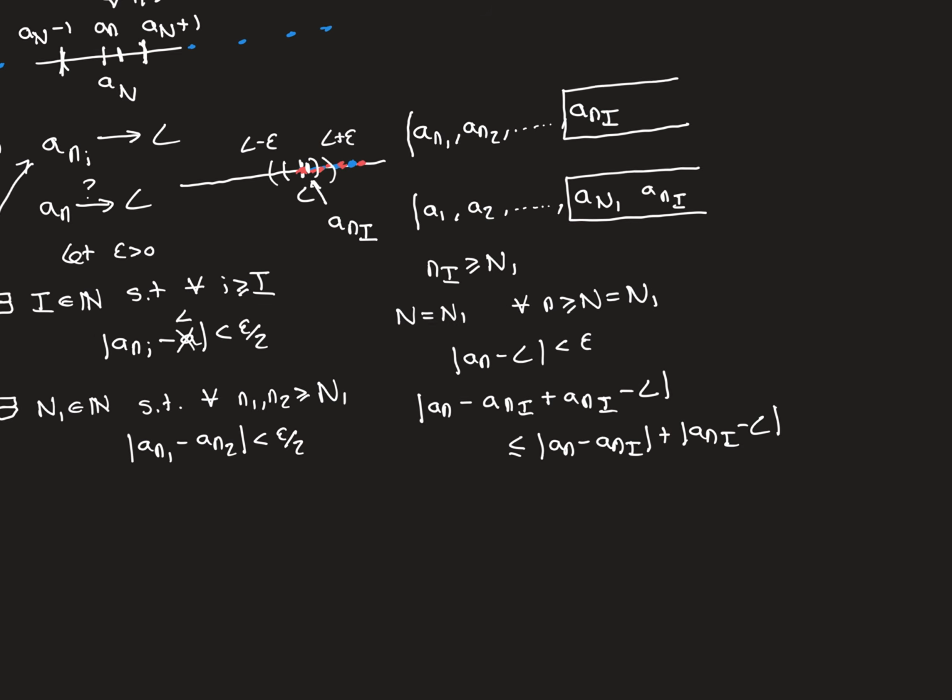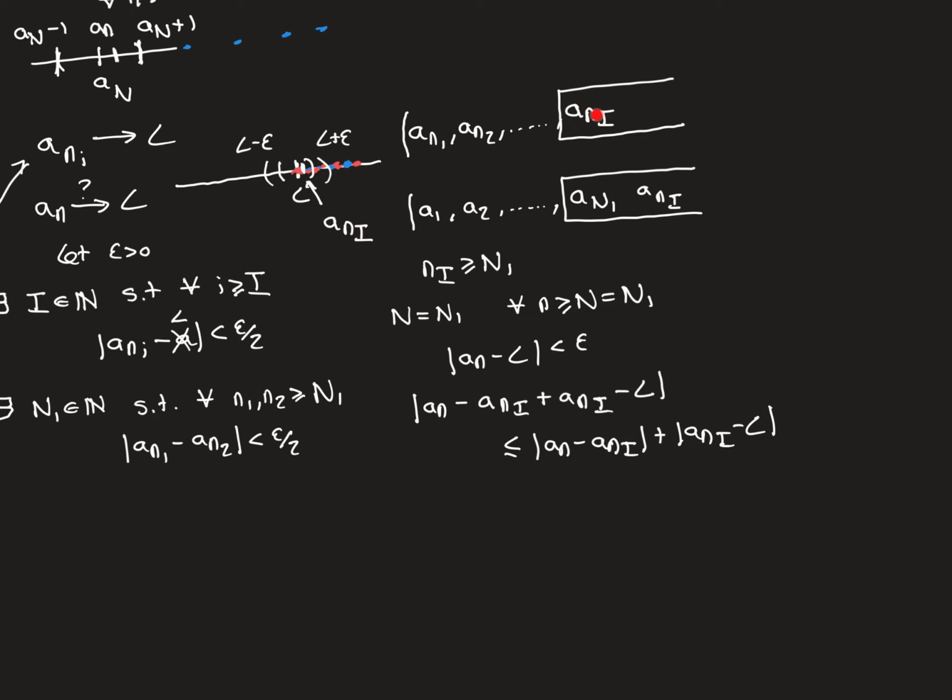By the fact that n_i was chosen because it was the term inside the epsilon over 2 interval, and all terms after it were going to be inside that epsilon over 2 interval, I can say that a_{n_i} minus L is going to be less than epsilon over 2. And then by the Cauchy property, I've got two terms, a_n and a_{n_i}, both of them beyond this M1, and therefore the difference between them is going to be less than epsilon over 2.